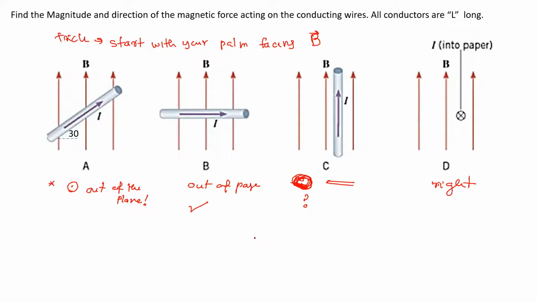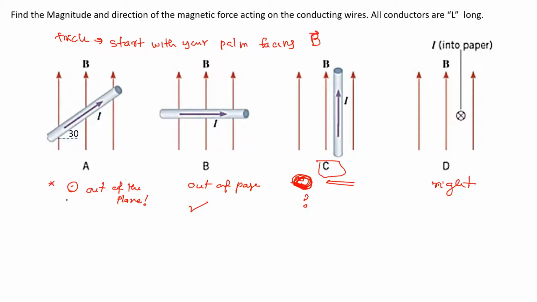So practice this as many times as you can. Okay. Now let's try to figure out the values. And also let's try to figure out what is happening in this one. We couldn't even turn our fingers. Okay.